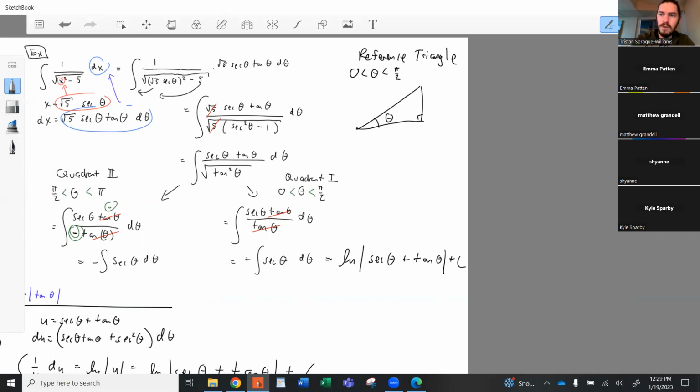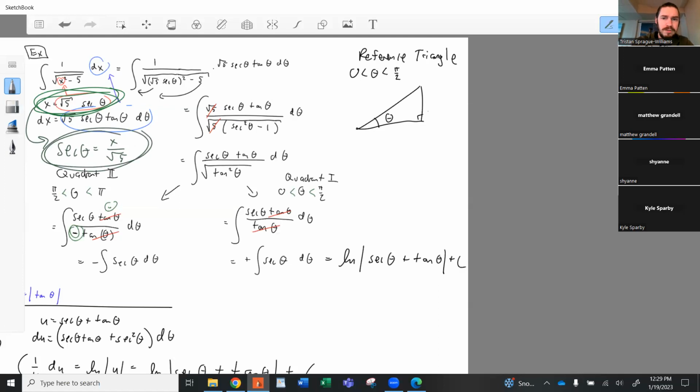So we've got to go all the way back to the beginning. The original trig substitution we made was x equals root 5 secant theta, right? And so what that means, rearranging it slightly, is secant theta is x divided by root 5.